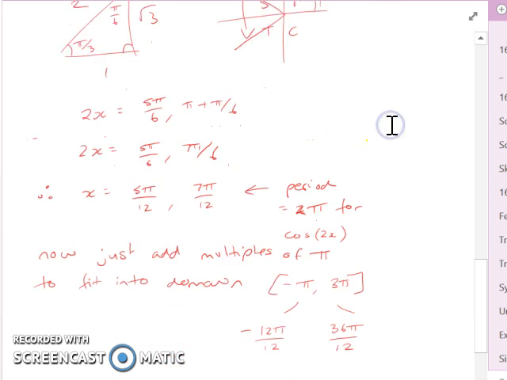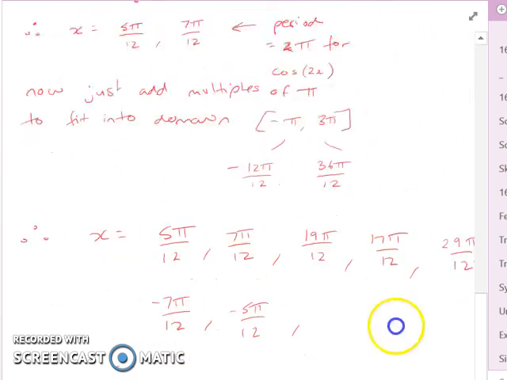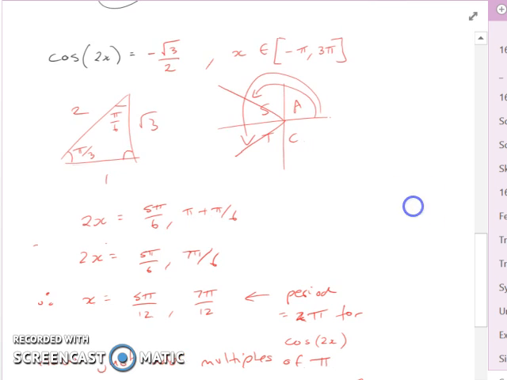So what did we do? We just used our exact values stuff, right? We know that root 3 on 2 is a special value, and we know that 2x has to be 5 pi on 6 or 7 pi on 6, because root 3 on 2 is adjacent on hypotenuse for cos, so it's pi on 6.